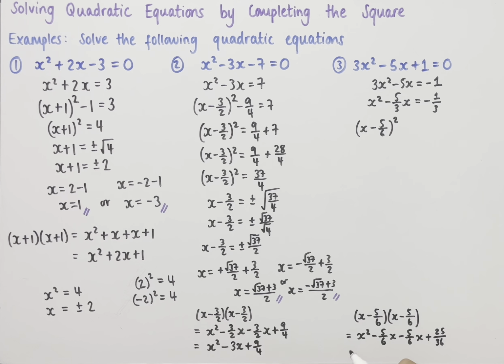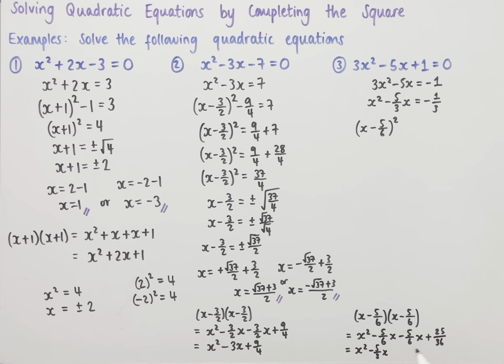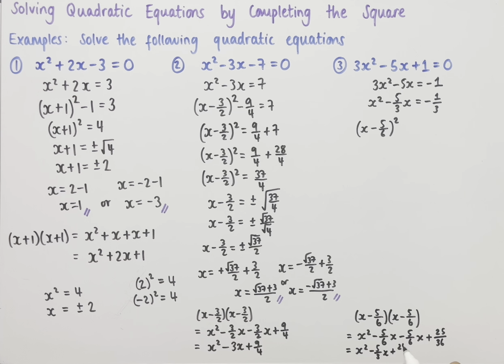Collecting like terms, we would end up with x squared, and now minus 5 over 6x minus 5 over 6x is minus 10 over 6x, which simplifies to minus 5 over 3x. And then we also have the fraction on the end here, which is 25 over 36.